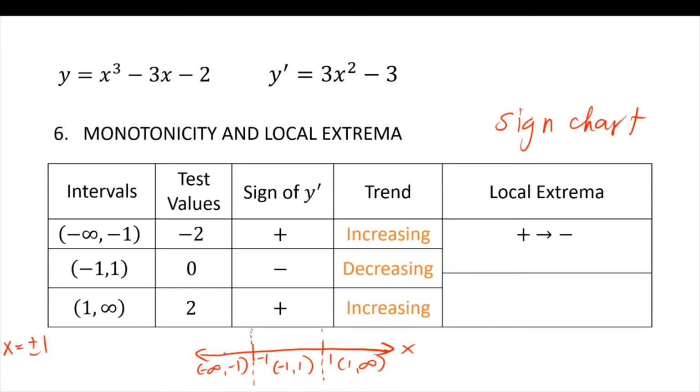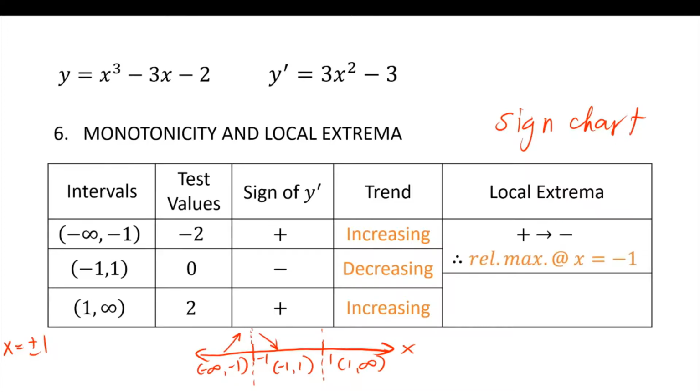So the graph is going upwards from left to right on the first interval, and then going downwards from left to right on the second interval. Again, change from increasing to decreasing. Therefore, at x equal to negative 1, we have a relative maximum.